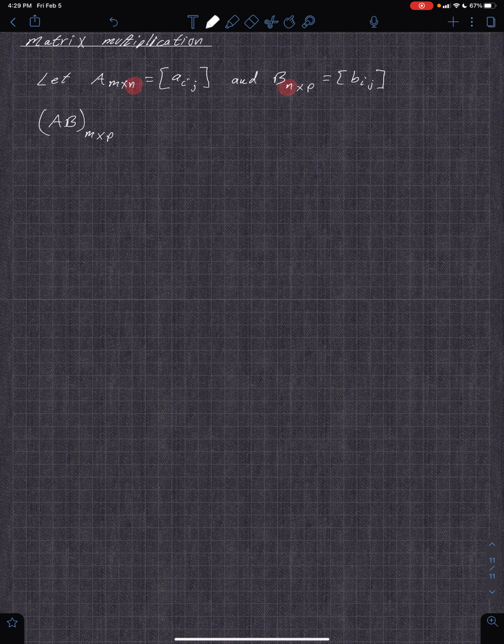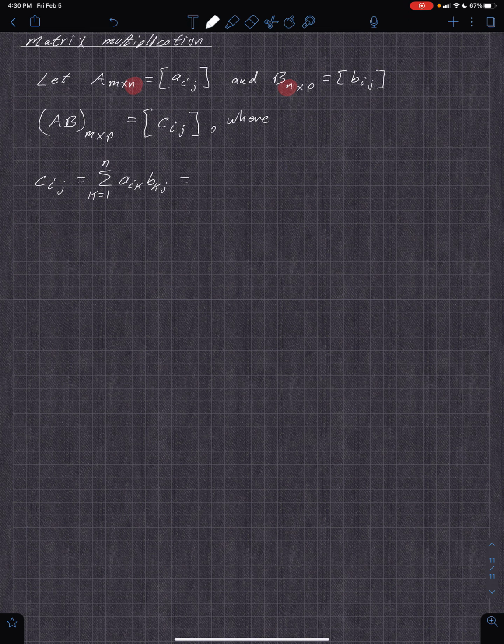Because it's a matrix, but that product gives us C sub ij. Then we define that, which is not obvious in this definition, but then we'll show you how to do it. Where C sub ij is equal to the sum as k goes from 1 to n of A sub ik B sub kj.